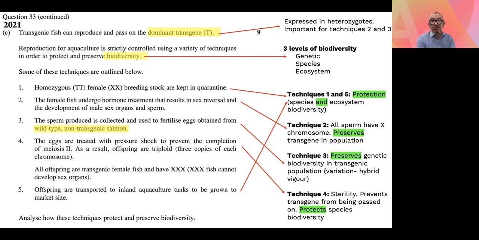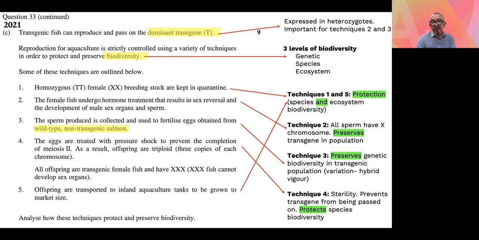That then lent itself to techniques 2, 3, and 4, which were largely focused on the preservation of biodiversity. And probably the most difficult one for students to grasp was technique 3, where they needed to appreciate where sperm produced is collected and used to fertilize eggs obtained from wild-type non-transgenic salmon.